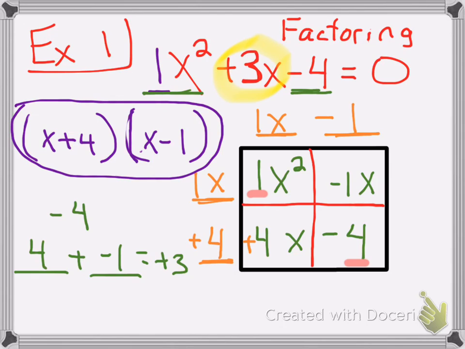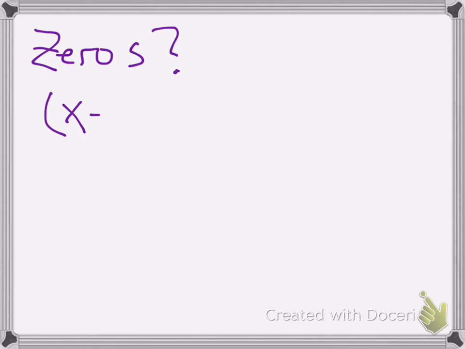And if we want to find the zeros, you have to take x plus 4 and x minus 1, those two factors.